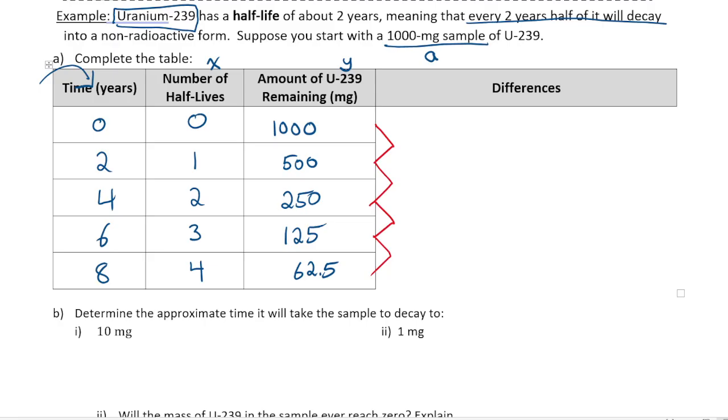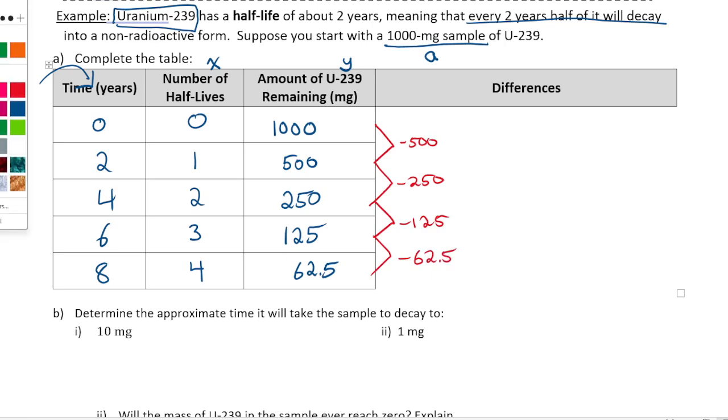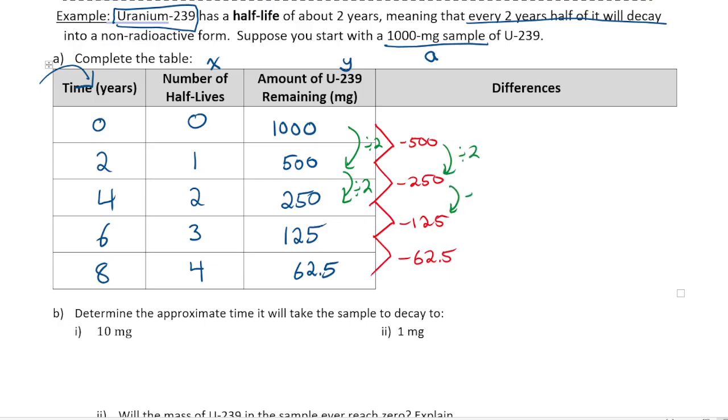And we'll see, to go from 1,000 to 500, we went down 500, and then down 250, and then down 125, and then down 62.5. And this is the exact same pattern as we saw before, right? It's divided by 2, and so on. And these are also divided by 2, divided by 2.